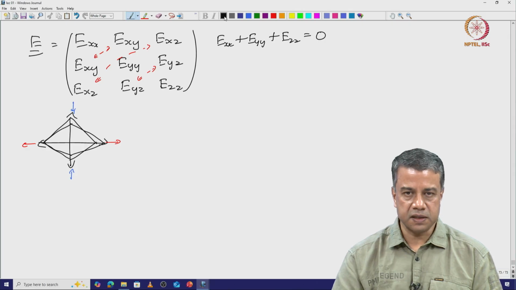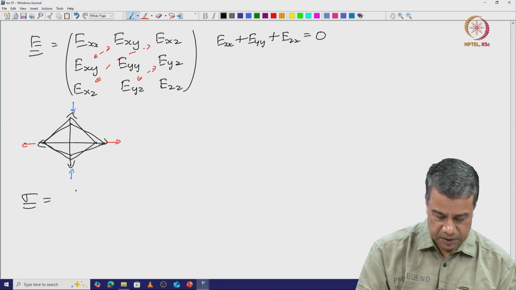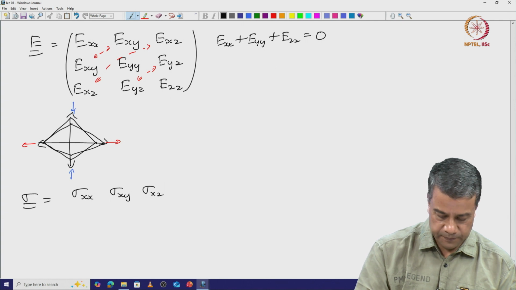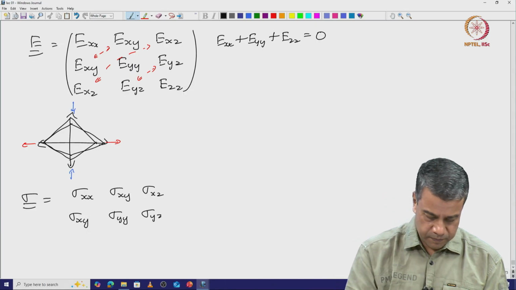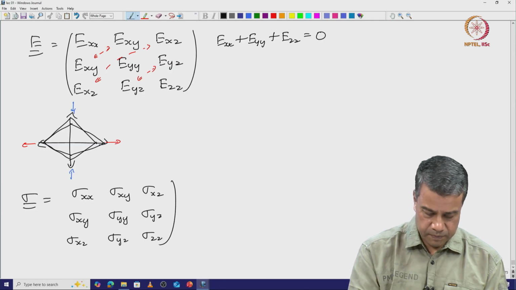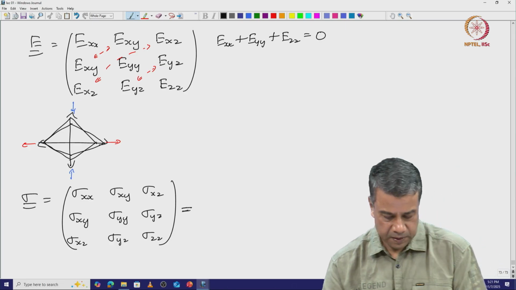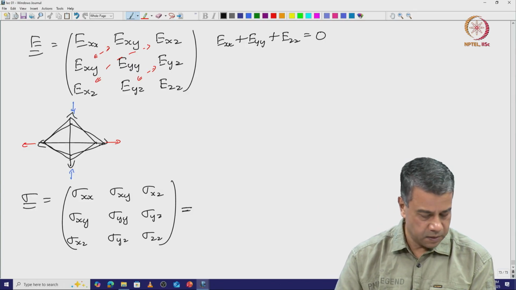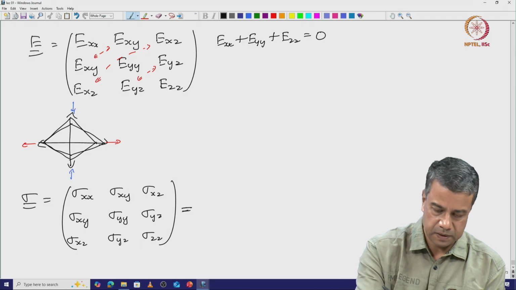Earlier we had discussed the stress tensor, sigma, equal to sigma xx, sigma xy, and so on, and I had told you that this tensor has to be symmetric.